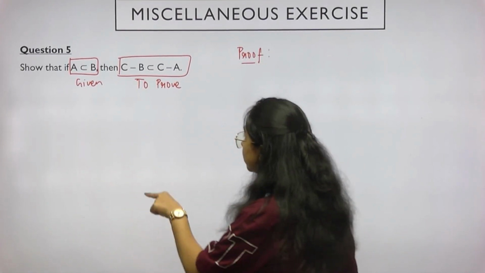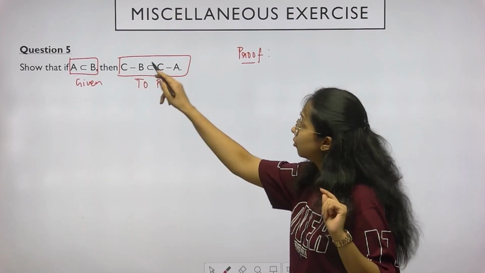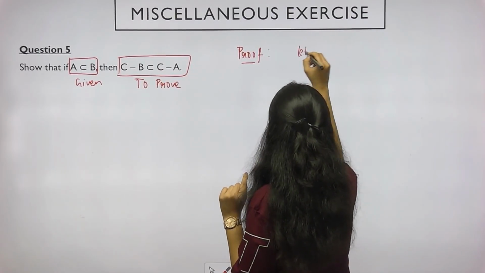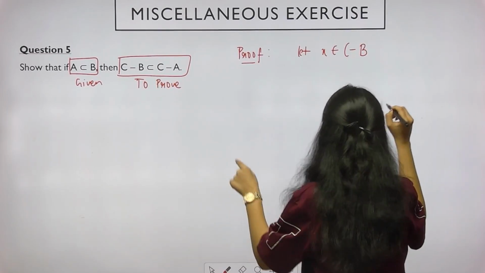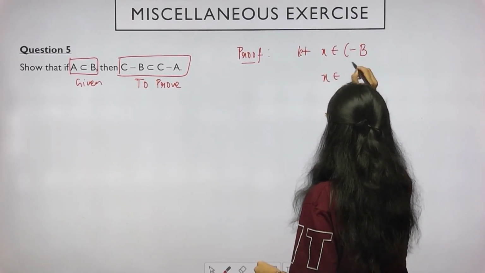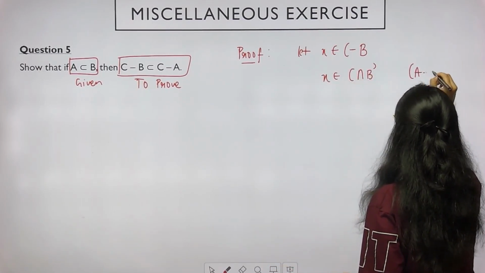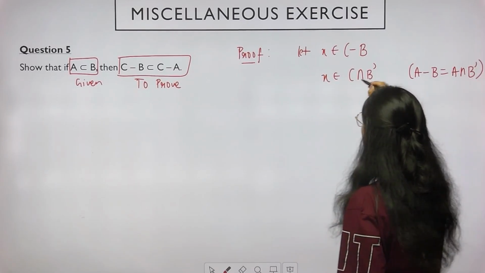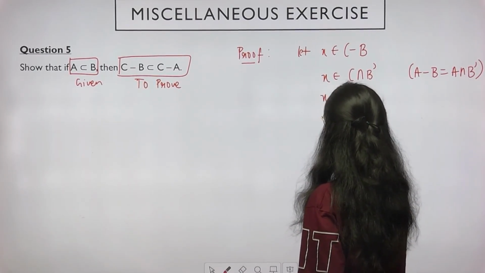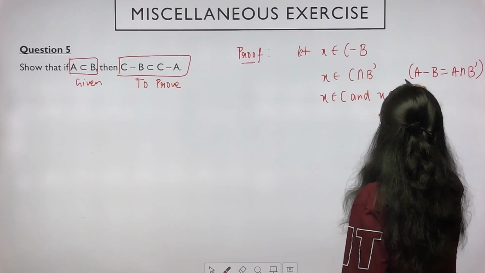First of all, we need to show that C minus B is a subset of C minus A. So we'll take an element X which belongs to C minus B. Now we know that C minus B will be equal to C intersection B complement, because A minus B becomes A intersection B complement. Now this means that X belongs to C and X belongs to B complement.